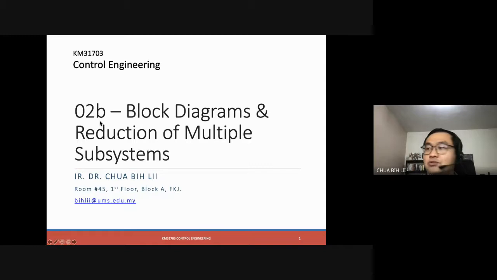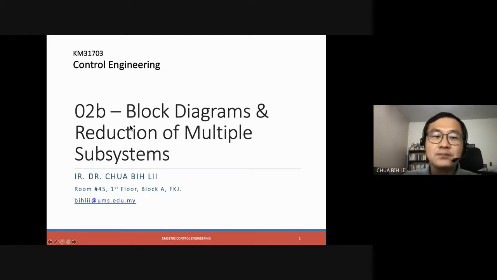Right. So the next part is on block diagrams. After all that hard work to form the transfer functions, you can see that we have the motor transfer function, and we also have the mechanical system transfer function, and so on.